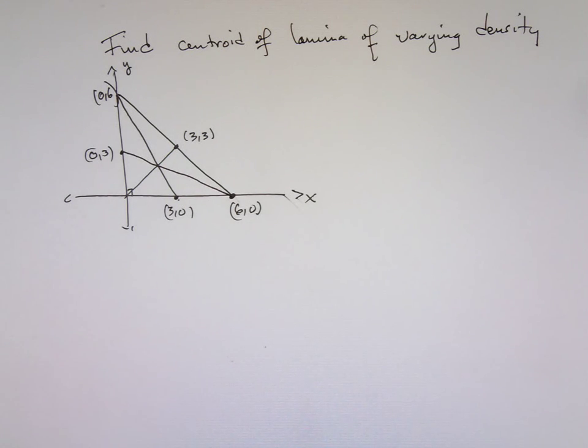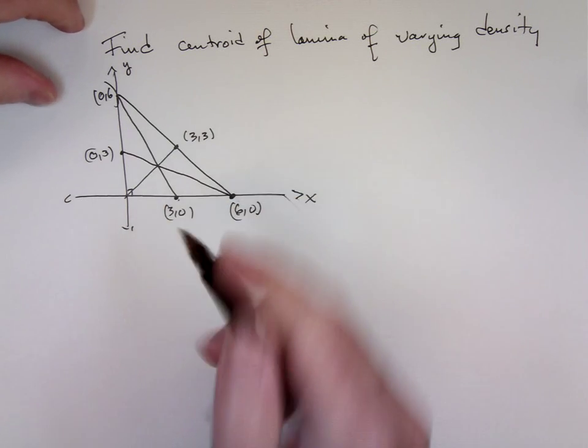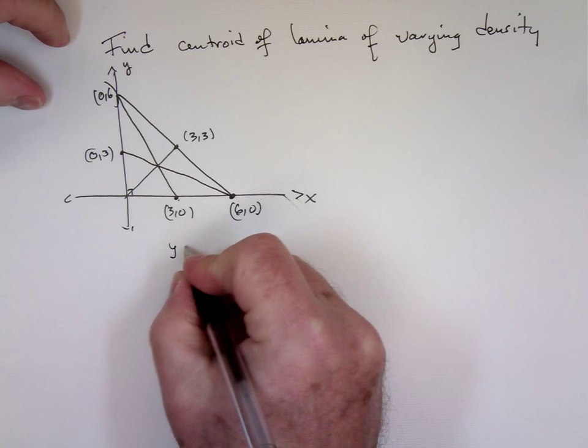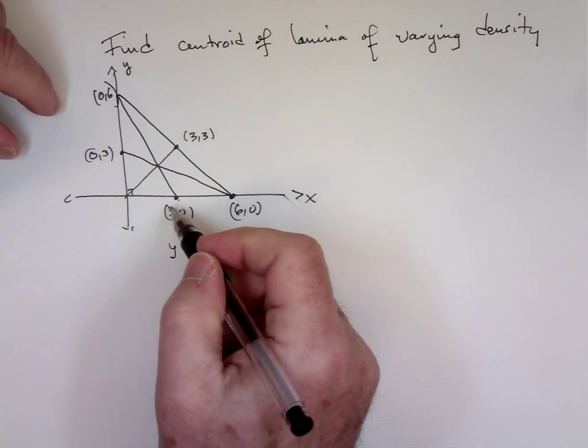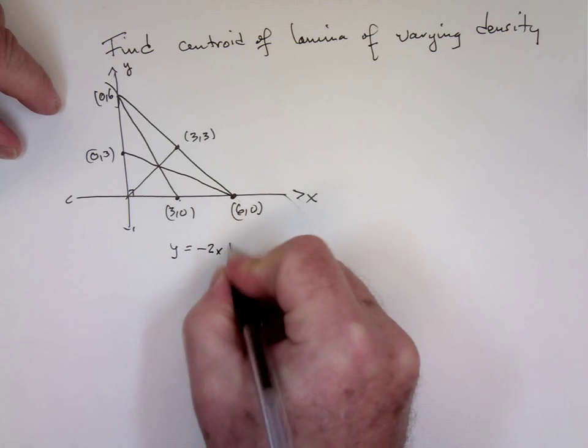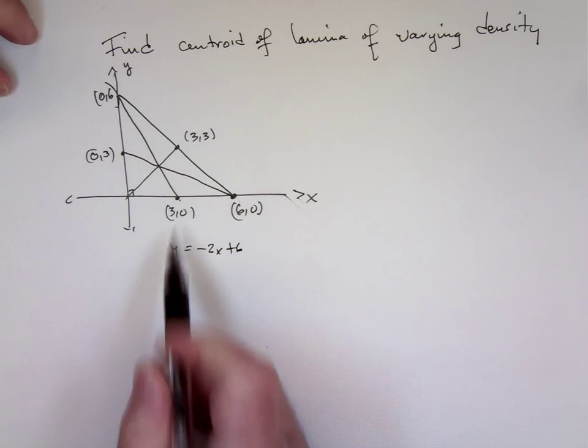How do you find the centroid? Well, it's the intersection of the medians. Let's find it. We need the equation of these two medians. The equation of this line is y equals slope -6 over 3, -2x plus 6. That's the equation of that line.